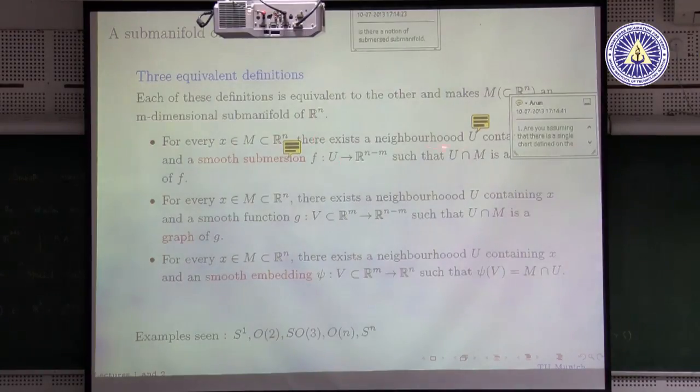I will modify these slides when I send them to you. Do not worry about three equivalent definitions. I have taught you smooth manifolds, essentially I have used this definition. Do not worry about these two, just use this definition.